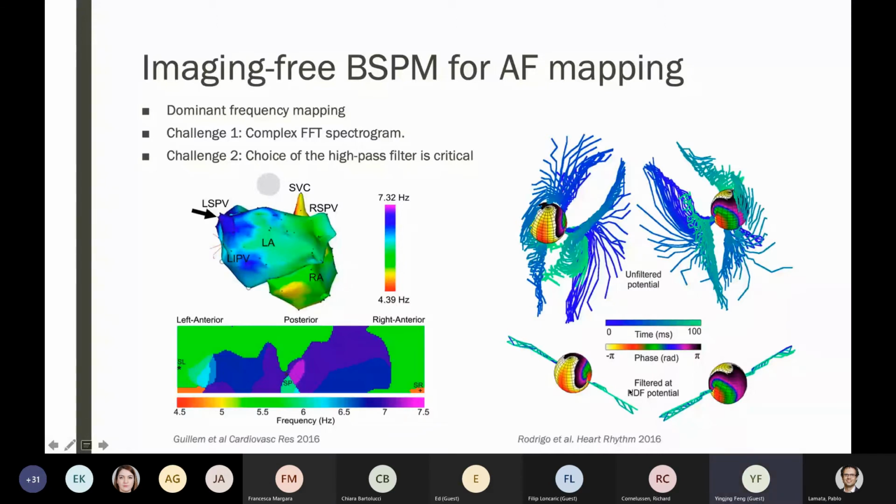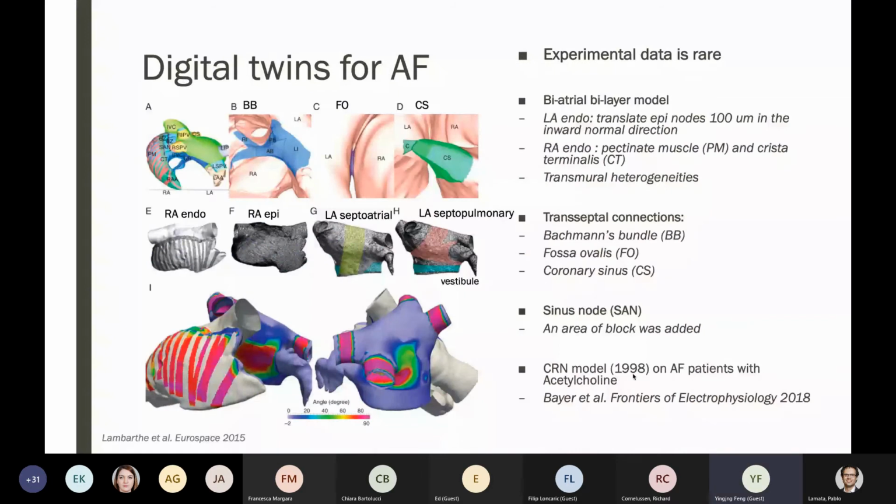For ECGI or BSPM, it's actually quite a challenge to obtain experimental or patient data that contain simultaneous mappings between the epicardium and torso recordings. Because of this, we resort to digital twins.